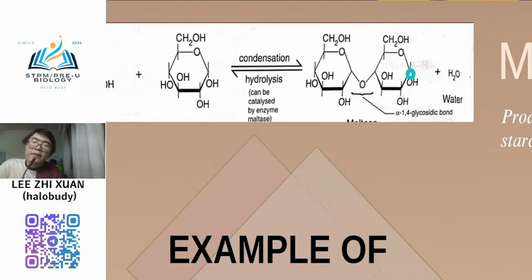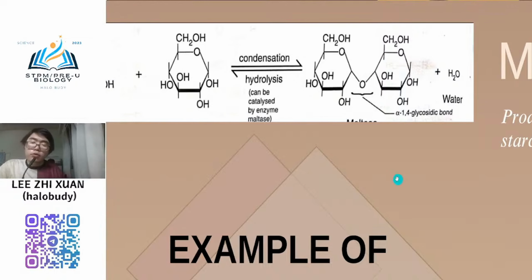So that means this one will act as a reducing sugar. Reducing sugar means it can act as a reducing agent to reduce substances. If you test with Benedict's reagent, it still gives a positive reaction, meaning that the brick-red precipitate formation will still form in the solution.